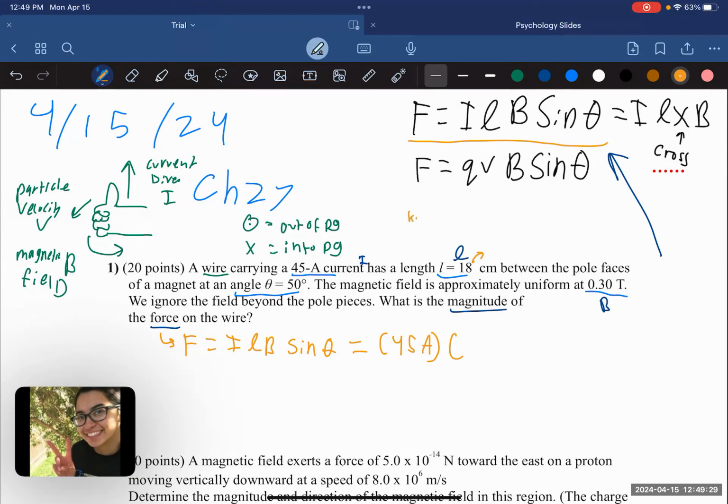So 2, 1, 2, 0. And then our B. Okay. And then angle.